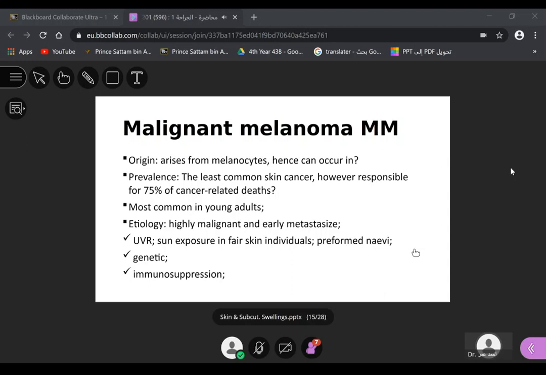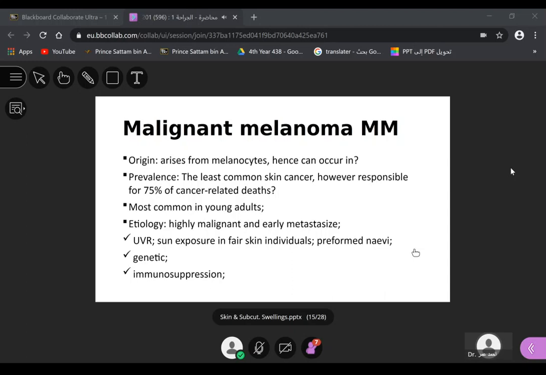Regarding the order of commonality in relation to other types of skin cancer, malignant melanoma is the least common skin cancer, so its prevalence is less than basal and less than squamous.